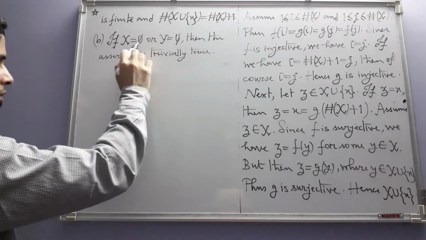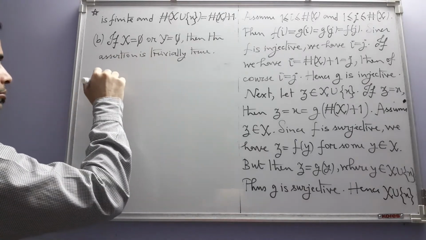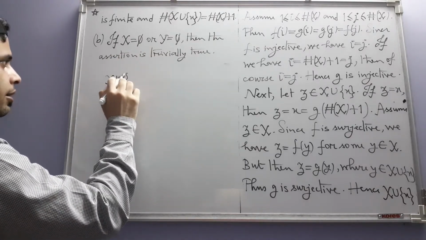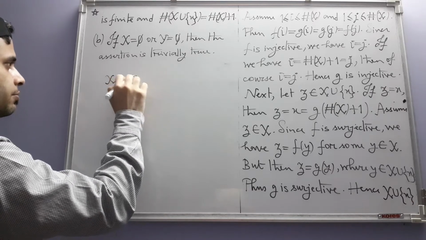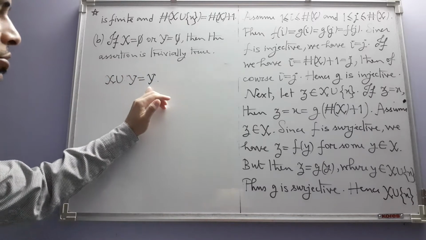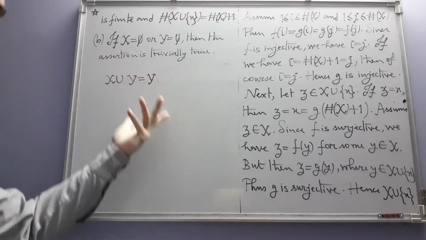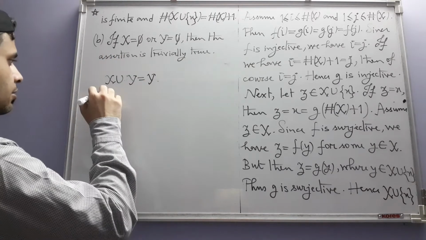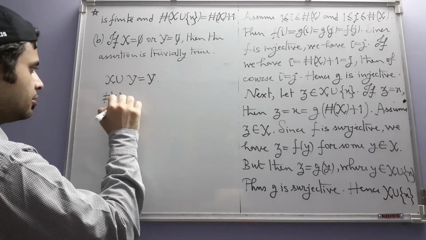If x is empty, say x is empty, then x union y is nothing but y. Since y is finite, this is finite. And what is its cardinality?